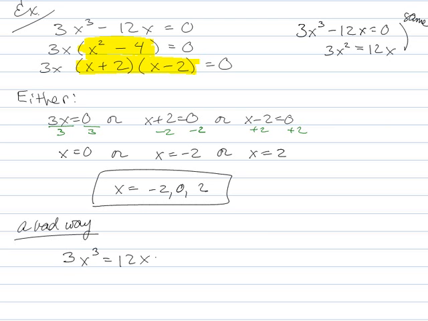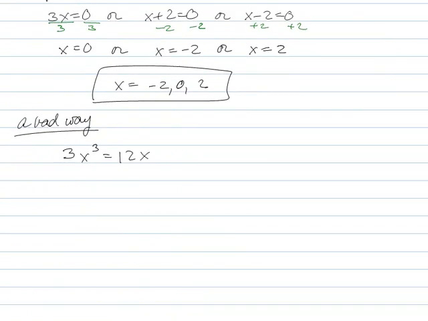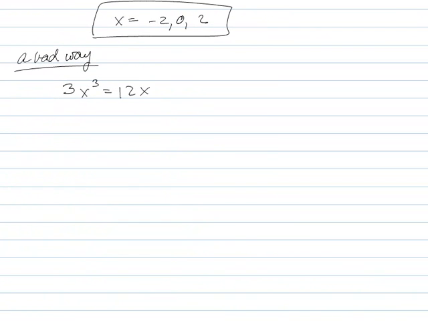Now, if you're maybe not thinking, or are thinking and just have never been told this, a very, very natural thing would say, I'm going to divide both sides by 3, which actually is fine. But then you might say, well, what if I divide both sides by x, because they both have an x in common? And then I'll get x squared equals 4.